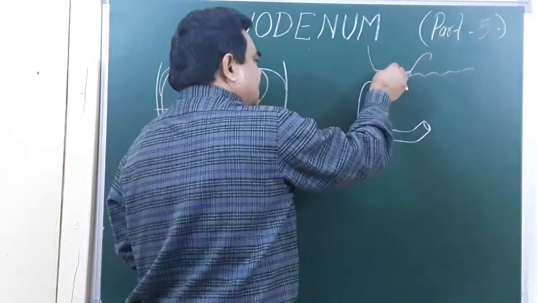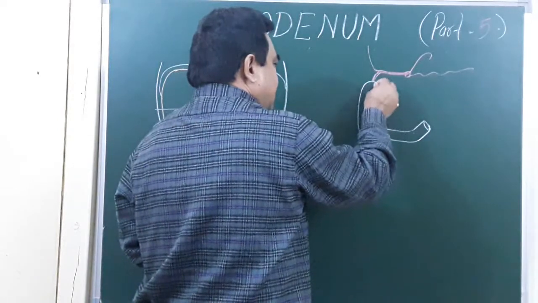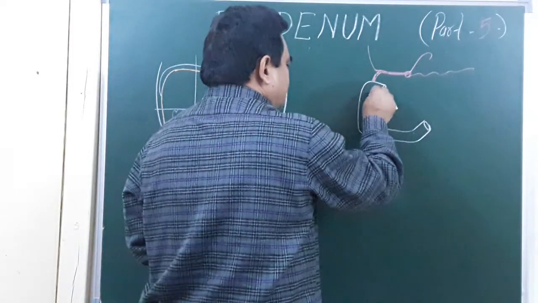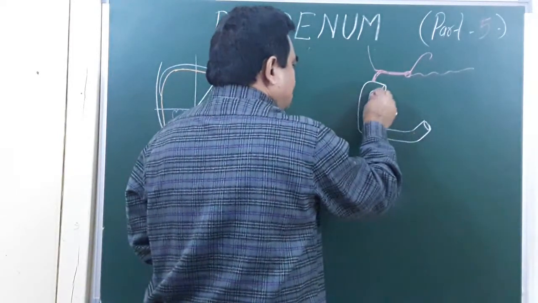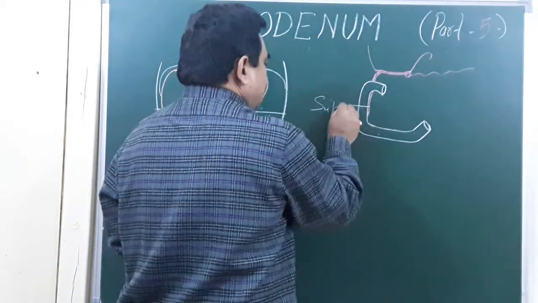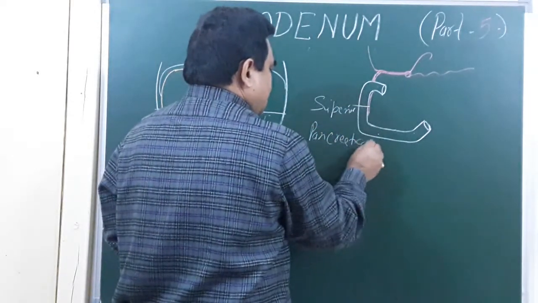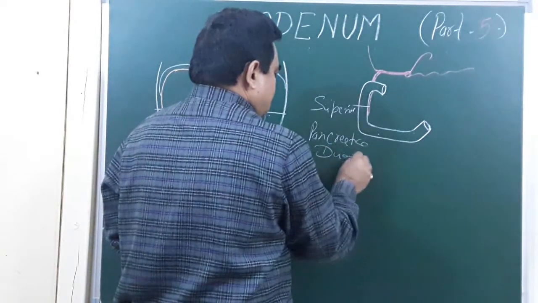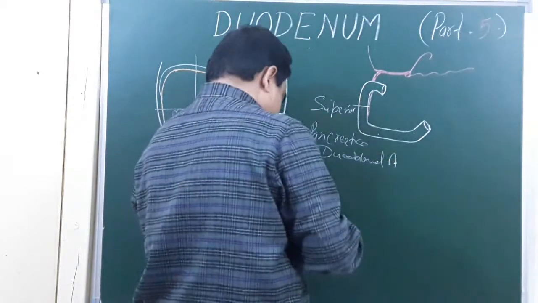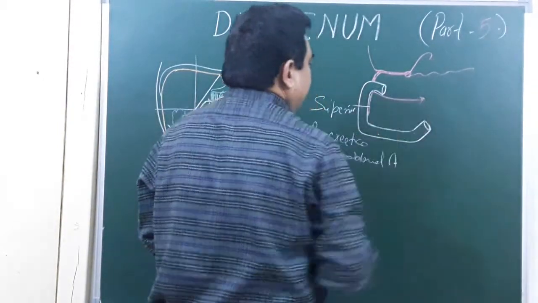This is the gastroduodenal artery. Here it divides into the superior pancreaticoduodenal artery, and here is the right gastroepiploic artery.